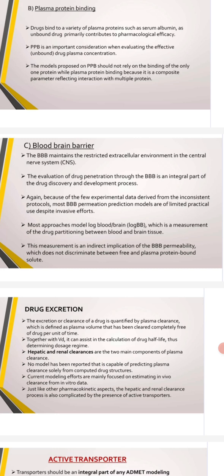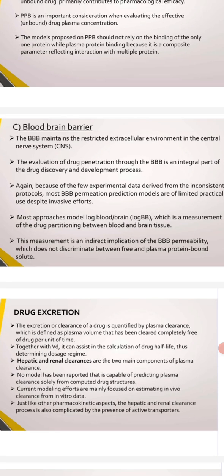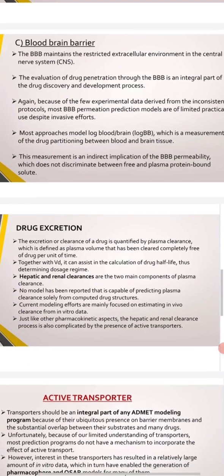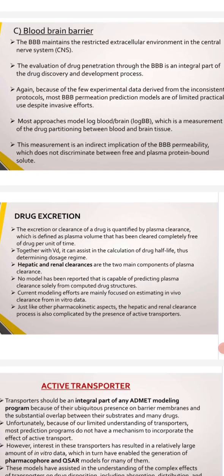Most approaches model log blood-brain, or logBB, which is a measurement of the drug partitioning between blood and brain tissue. The measurement is an indirect indication of BBB permeability, which does not discriminate between free and plasma protein bound solute. Next one, drug excretion.